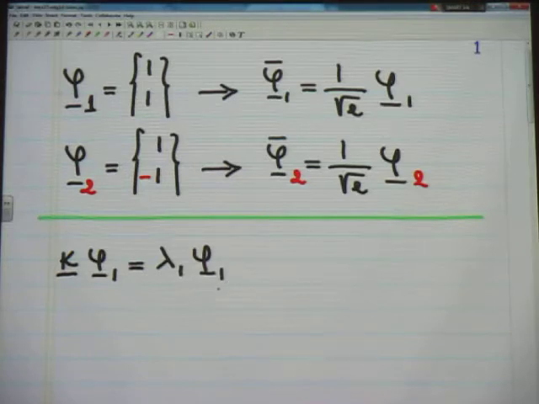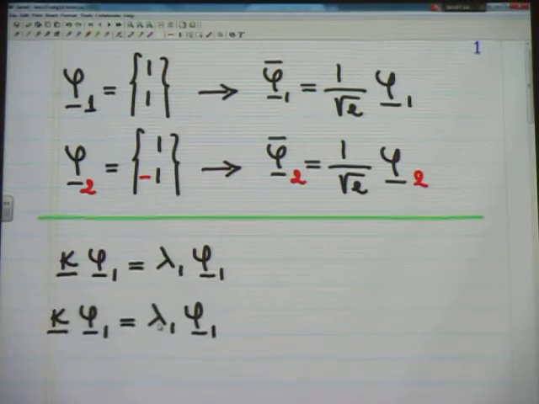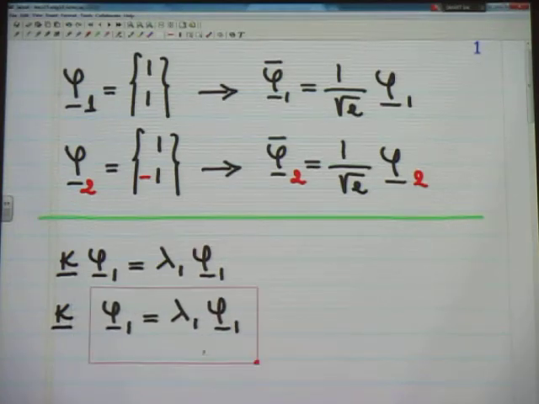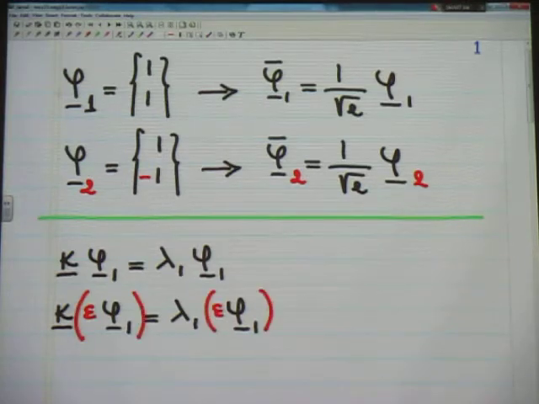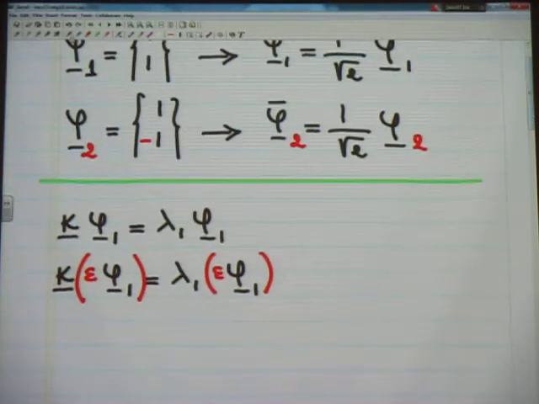Now, if you multiply phi 1 by any number, let's say epsilon in general, a scalar, and call this new vector phi 1 hat, just to distinguish from phi bar up there.